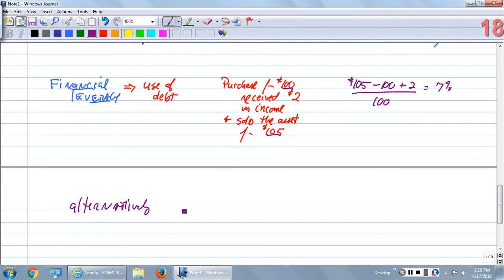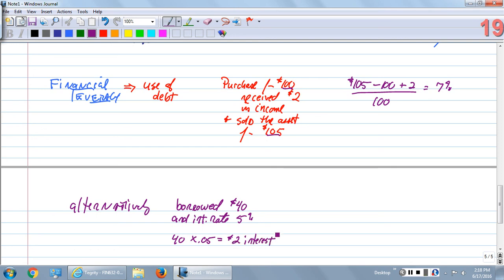Let's say that you borrowed $40. And the interest rate on the borrowed money, let's say, was 5%. So how much interest would you have paid on that? $40 times 5%, what is that going to be? $2. Okay, so you're going to owe $2 in interest.